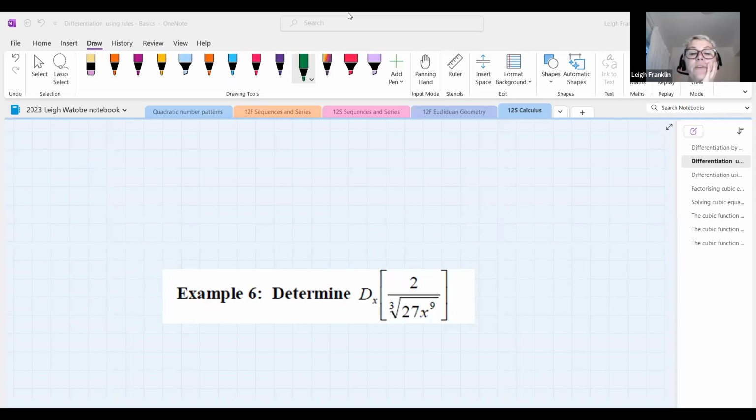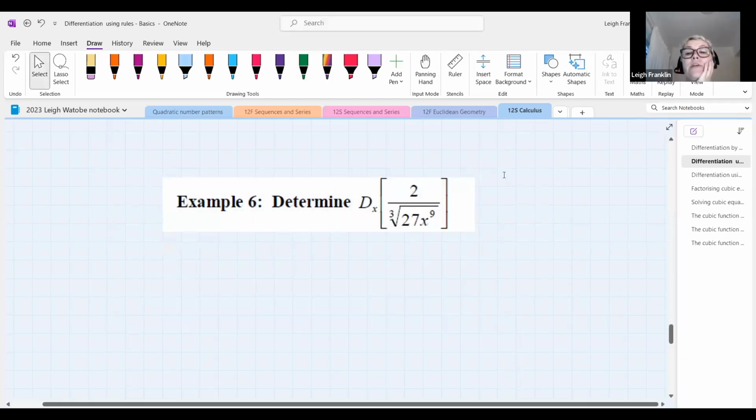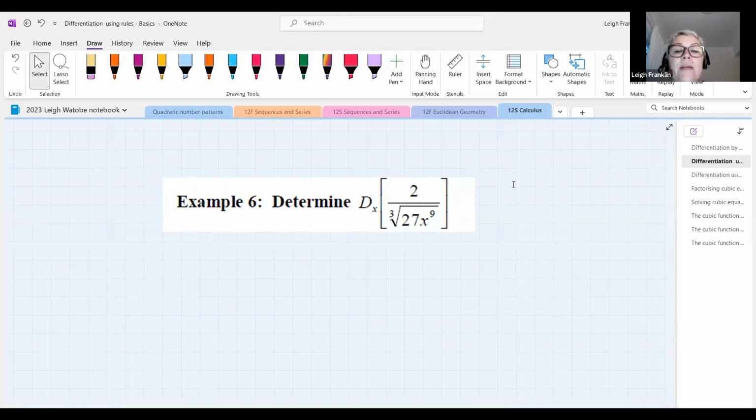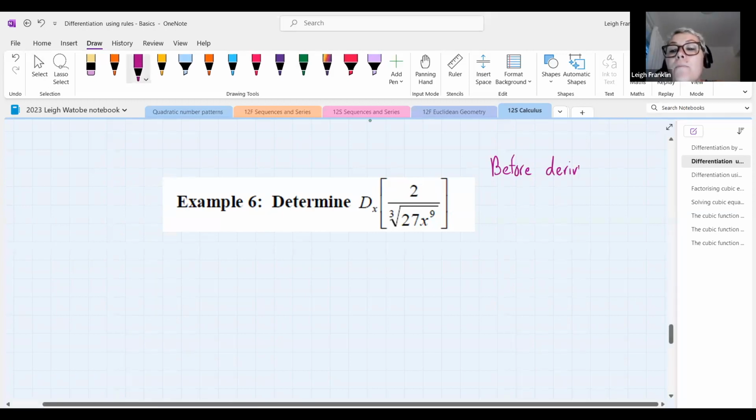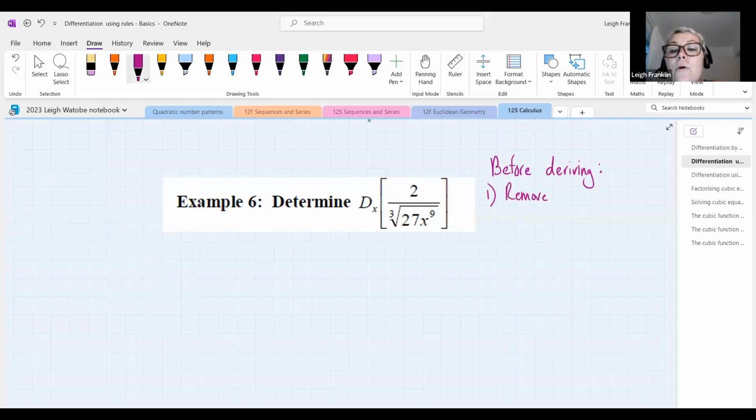Okay, so let's have a look at this one. I'll do this one as an example for you guys because this is a little bit more difficult. Again, I'm not ready to derive. Before deriving, I have to, number one, remove divide lines.